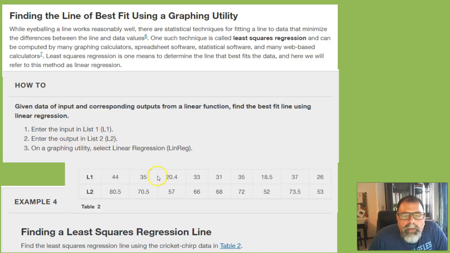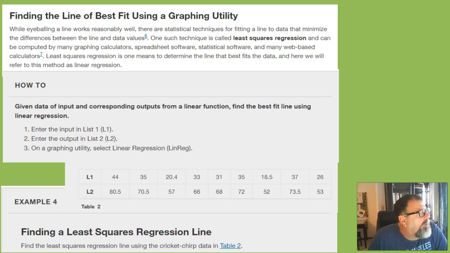List 1, you put in all the X values. List 2, all the Y values, or the input and output. Then you look for a menu for statistics, and then look for linear regression. It'll ask you L1, L2. Hit enter, and it gives you the equation. But I'm going to show you on Desmos.